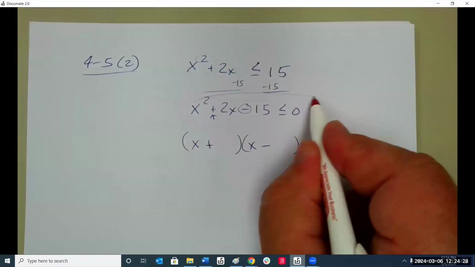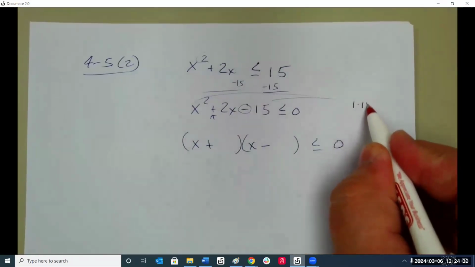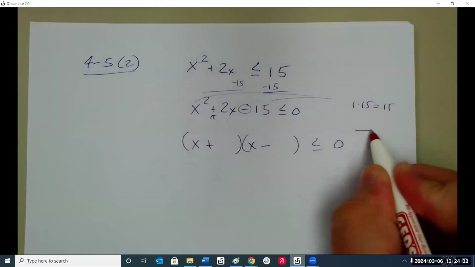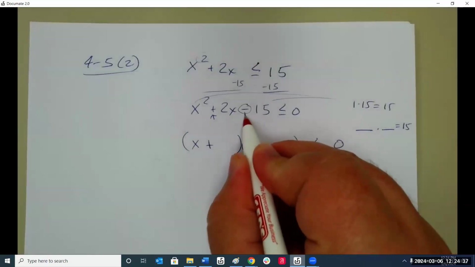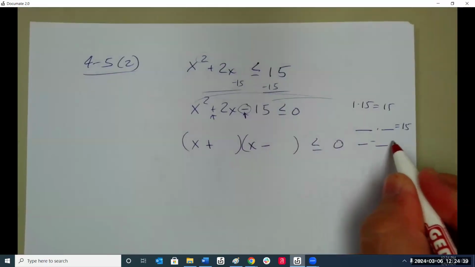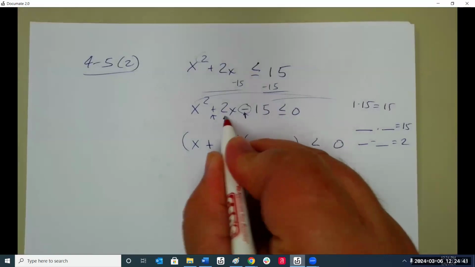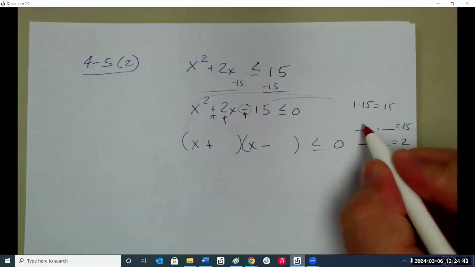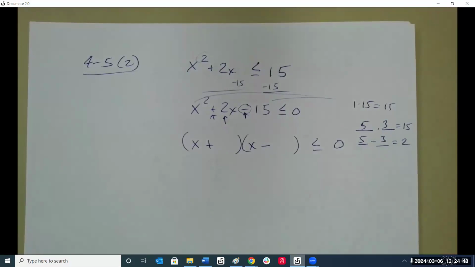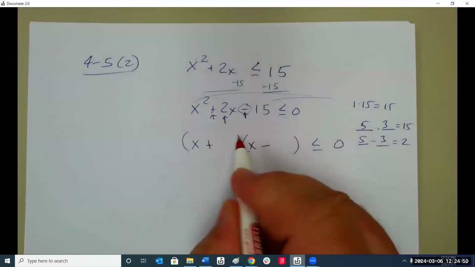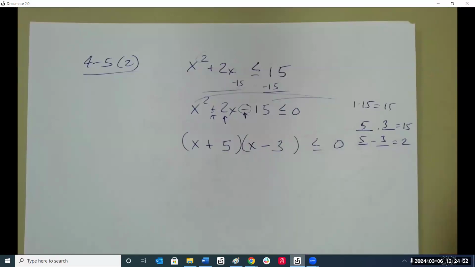So what times what is 15? 1 times 15 is 15. Give me 2 numbers that multiply to 15, where when I subtract them, I get 2. Yeah, 5 and 3. So since the first sign's a plus, the 5 goes here and the 3 goes here.